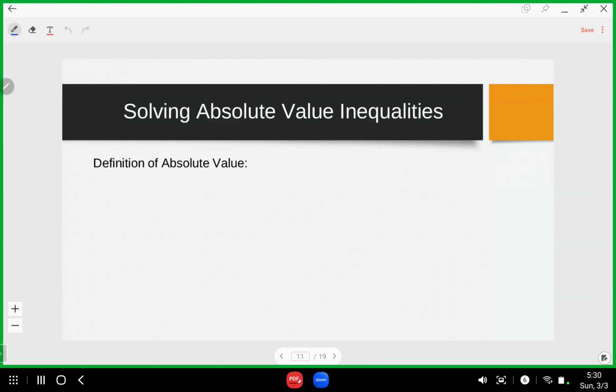So I can talk about the algebraic definition. The absolute value of x is equal to x if x is greater than or equal to 0, or negative x if x is less than 0.